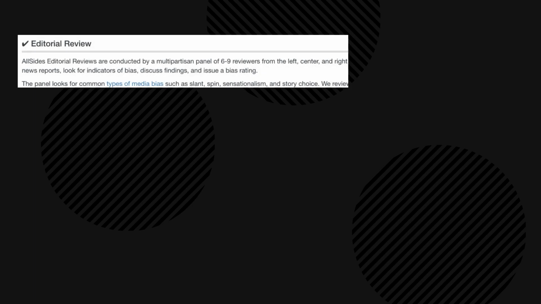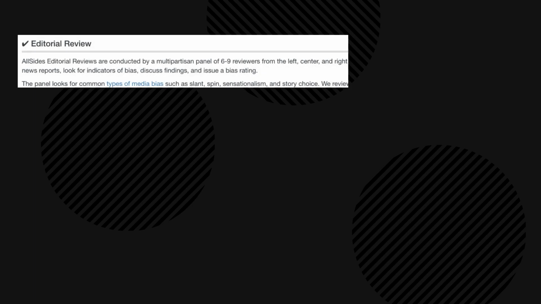And details like pictures and branding and the article placement on the website, this is actually sometimes where the indicators of political bias lie. And this is where the editorial review comes in.